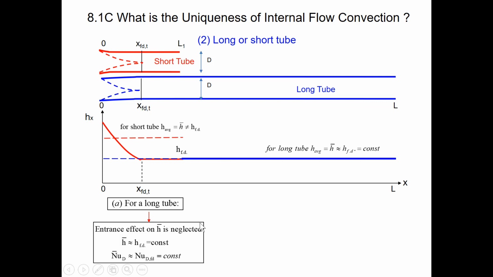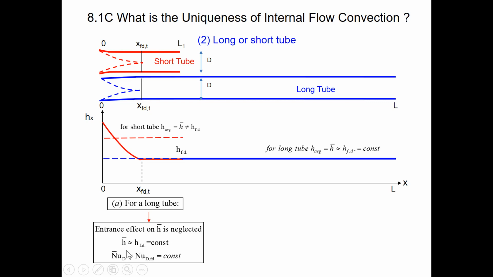Now we can draw the conclusion. For a long tube, the entrance effect on the average heat transfer coefficient for the tube can be neglected.